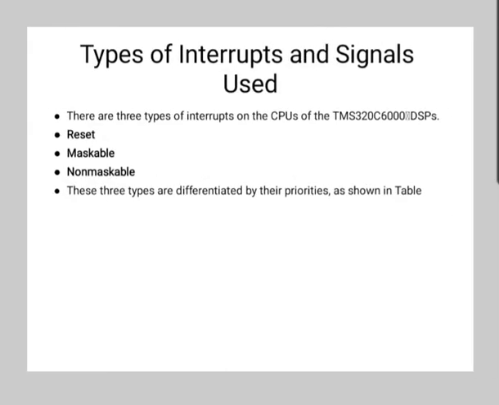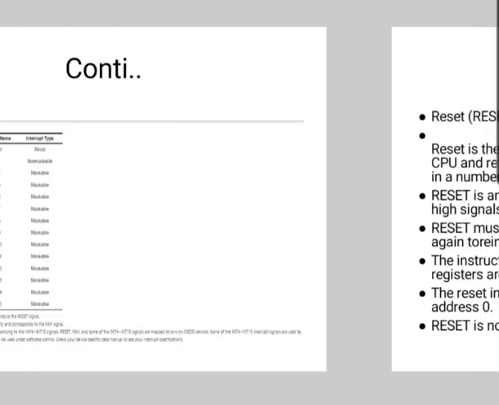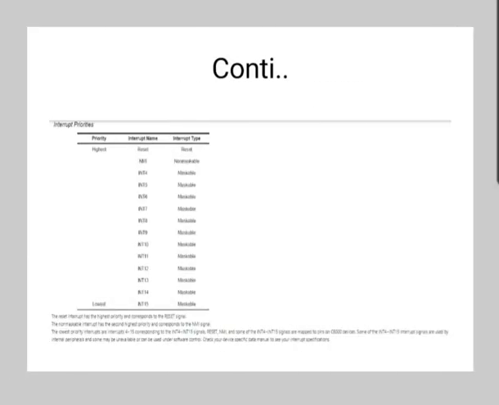There are 3 types of interrupts on the CPU: reset, non-maskable, and maskable. These 3 types are differentiated by their priorities, which is shown in this table. The reset interrupt has the highest priority and corresponds to the reset bar signal. The non-maskable interrupt has the second highest priority and corresponds to the NMI signal.